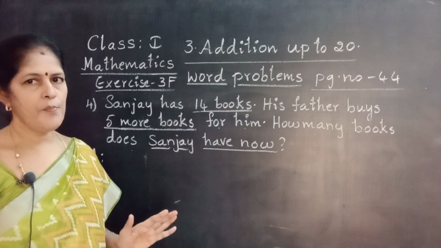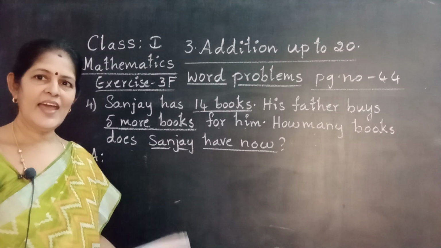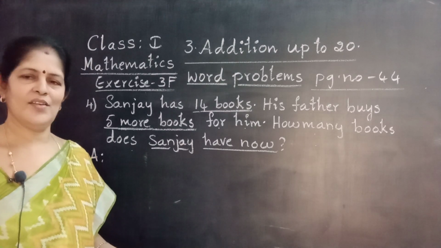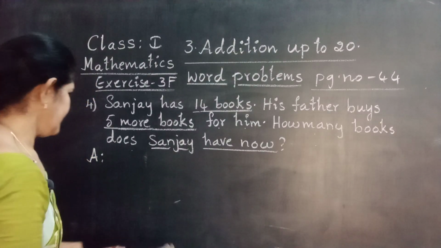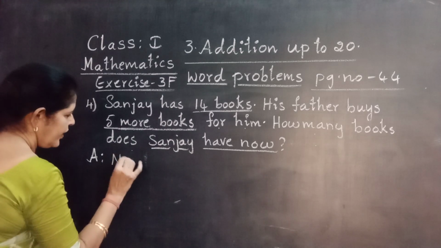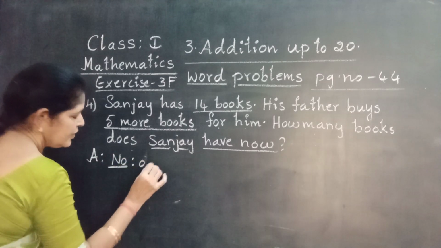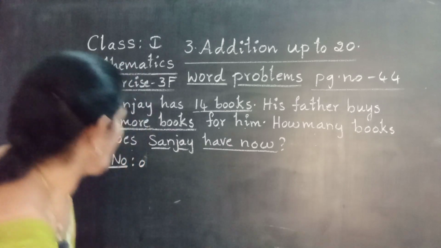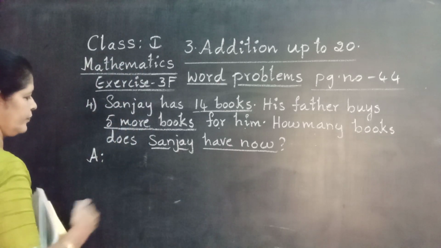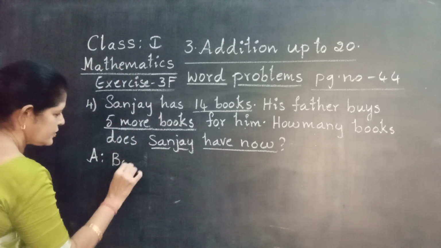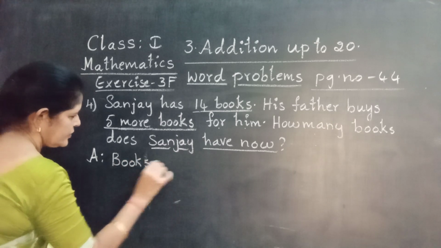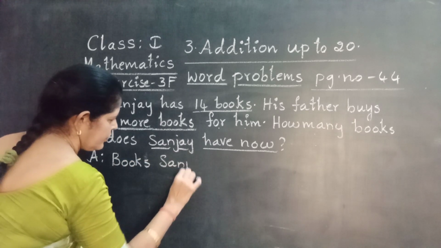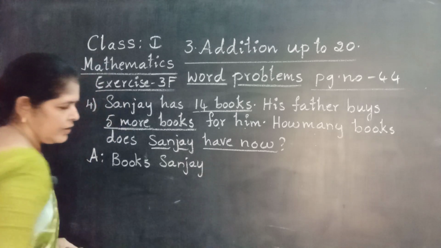14 and 5 make. Here we find the total. Okay, write the steps. Number of books. The books Sanjay has.